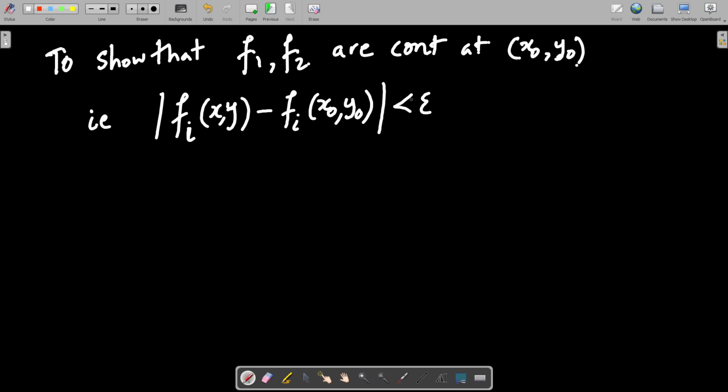Given epsilon greater than 0, we have to show there is a delta greater than 0 such that fi of this will be less than this.